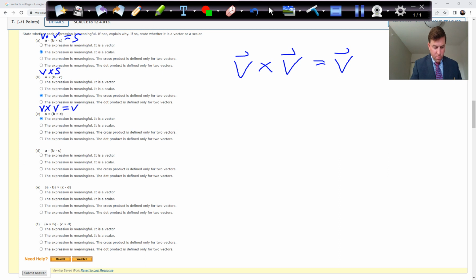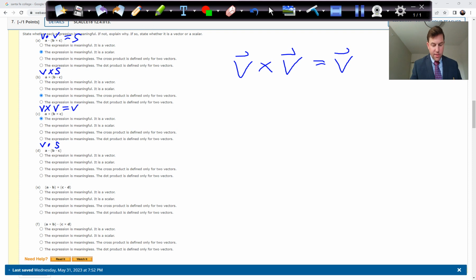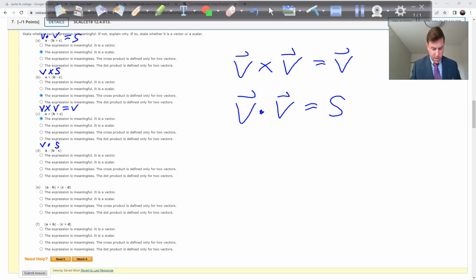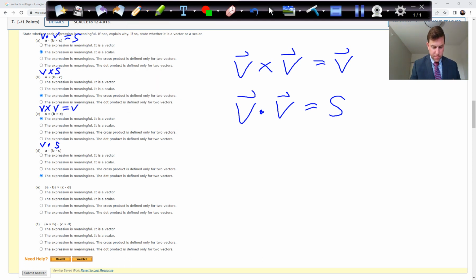This one, when you dot b and c, you get a scalar, and you have a vector a dotted with a scalar. That is not going to have meaning because the dot product has to take two vectors and it gives you a scalar out. So this one is meaningless. The dot product is defined only for two vectors. Here you're going to get a scalar out and then you're trying to cross it with a scalar.